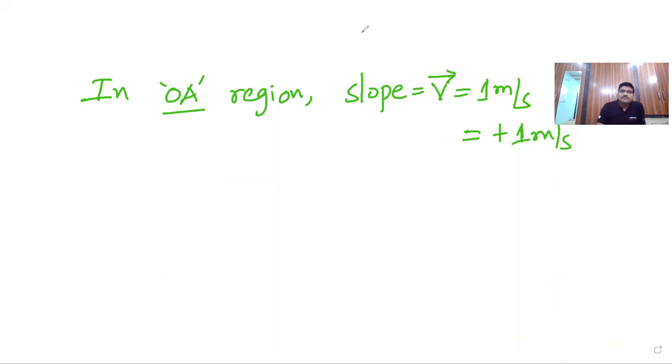Okay. Now, let me go to the second, that is the AB region. We need velocity.